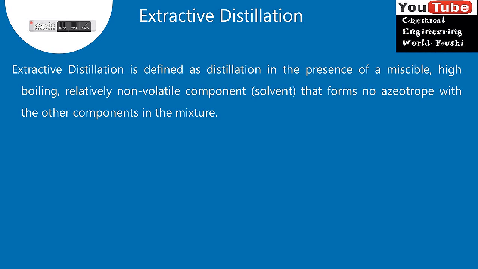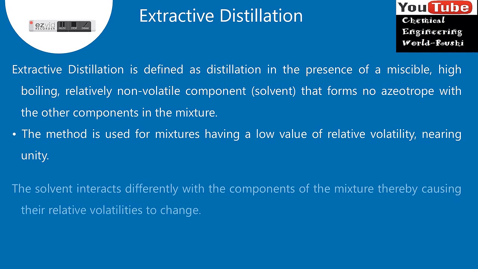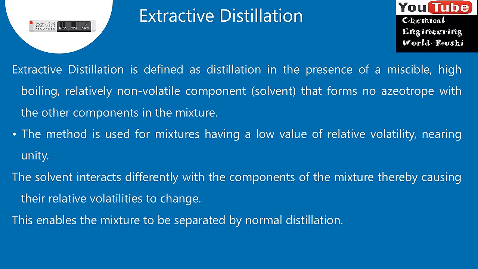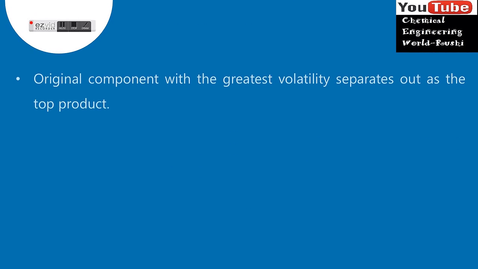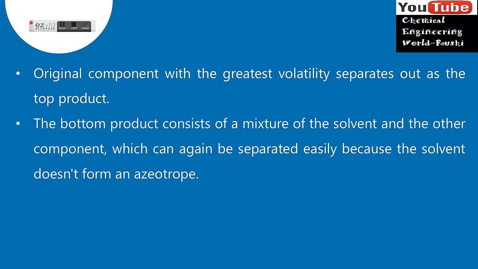Extractive distillation. Extractive distillation is defined as distillation in the presence of a miscible, high-boiling, relatively non-volatile component, solvent, that forms no azeotrope with the other components in the mixture. The method is used for mixtures having a low value of relative volatility, nearing unity. The solvent interacts differently with the components of the mixture, thereby causing their relative volatilities to change.